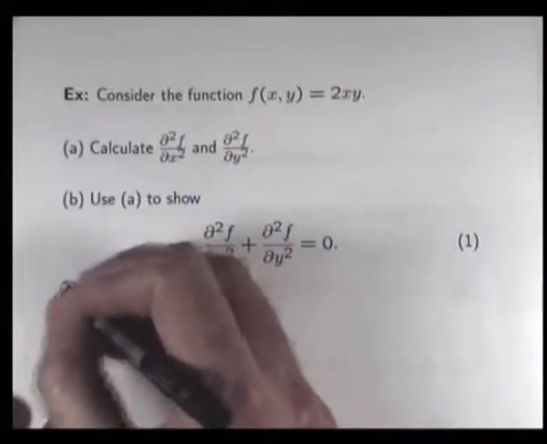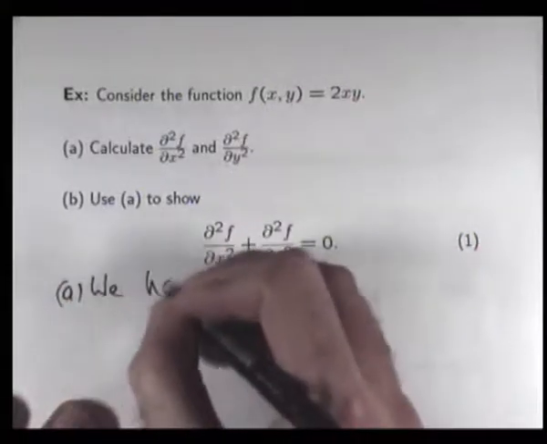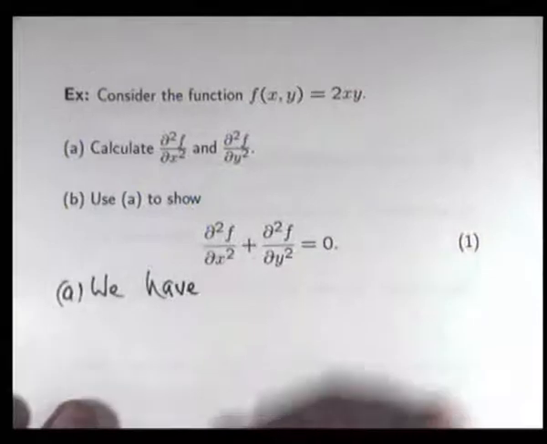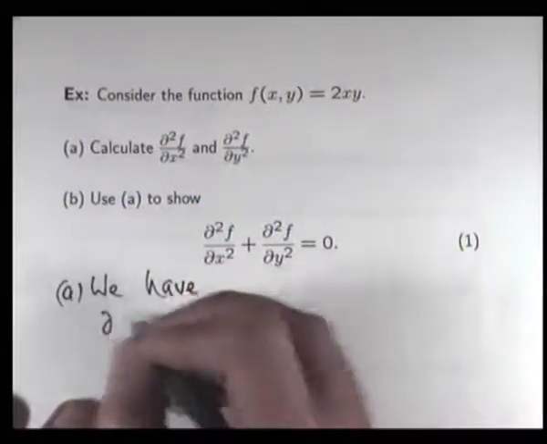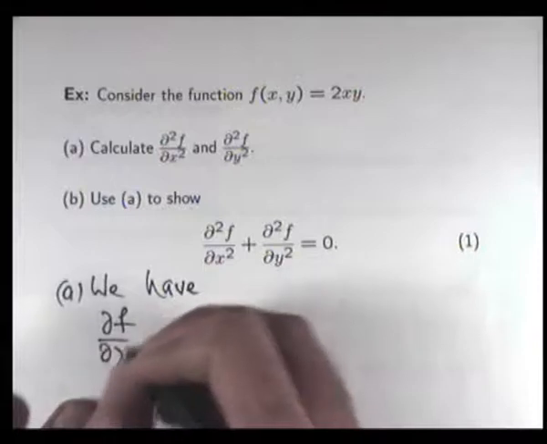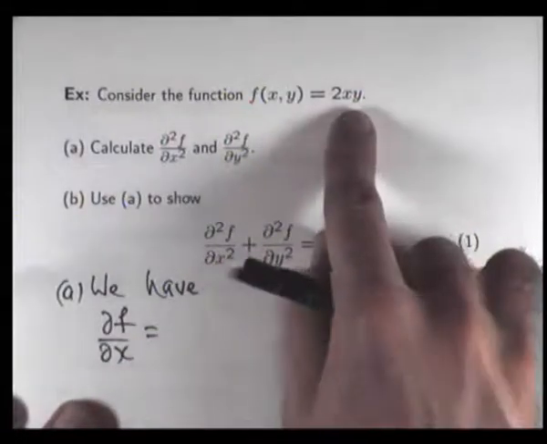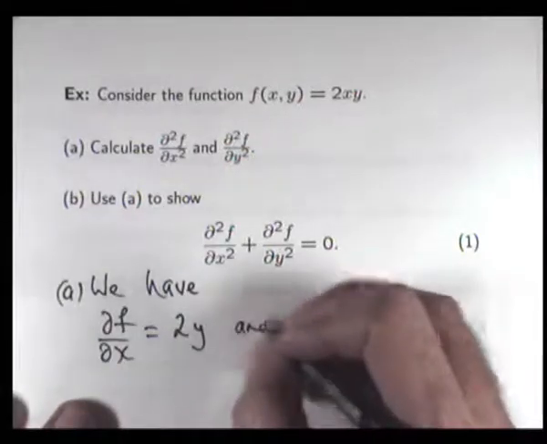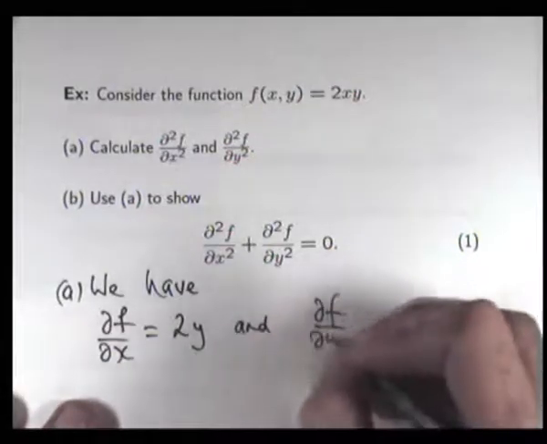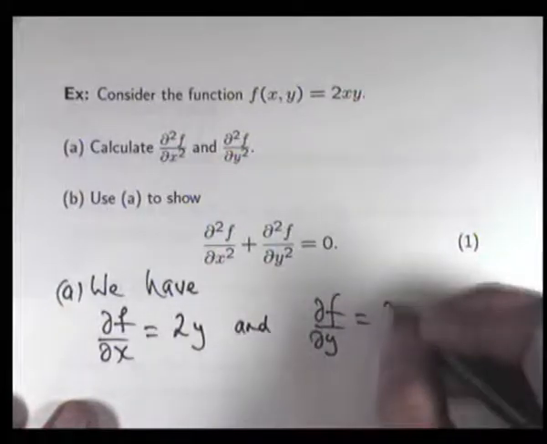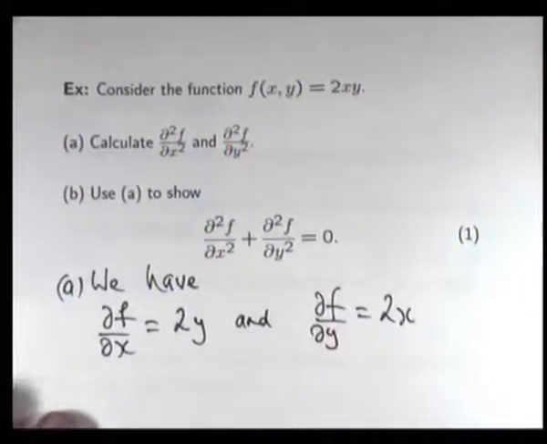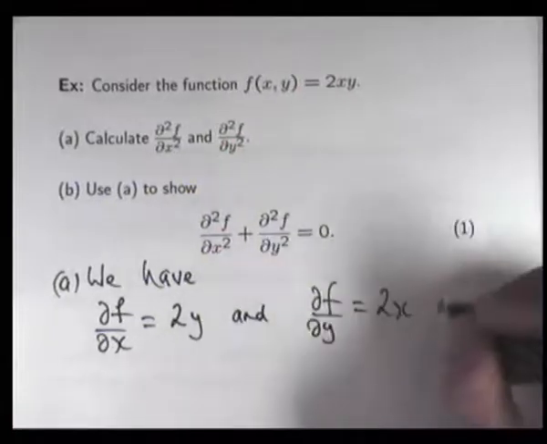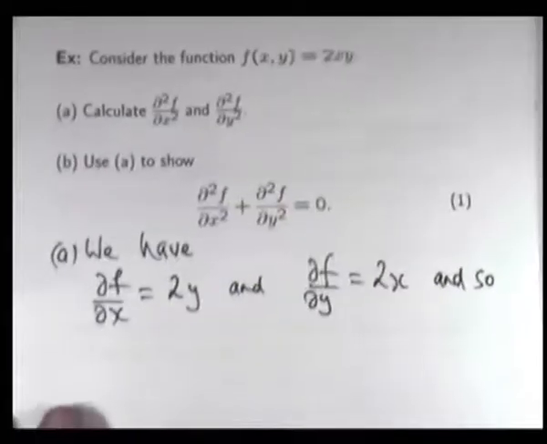All right. So let's do part A. We have the following. So df dx is going to be 2y, and df dy is going to be 2x. So I've just calculated the first partial derivatives. So let's go and calculate the second.